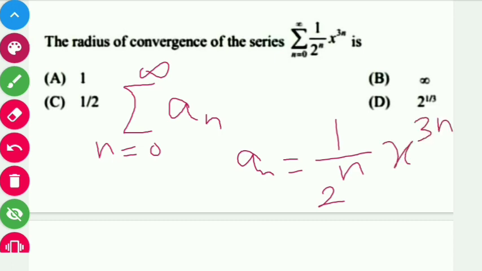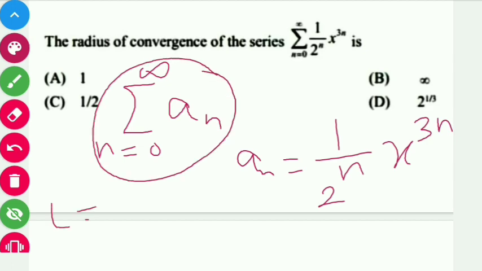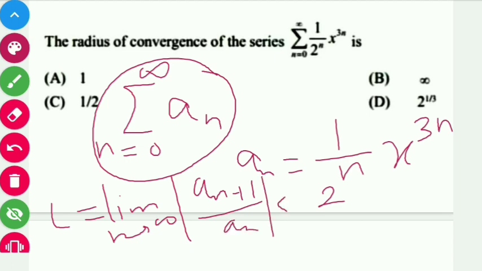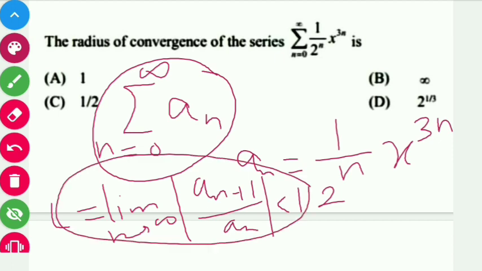Now we know that by the ratio test this series converges absolutely if the limit as n tends to infinity of |a_(n+1)/a_n| is strictly less than 1, right? So we will use this formula. So take the ratio.